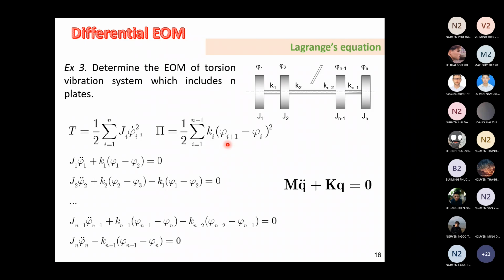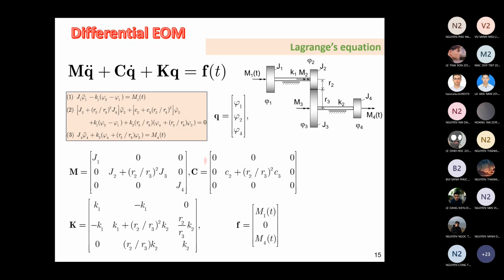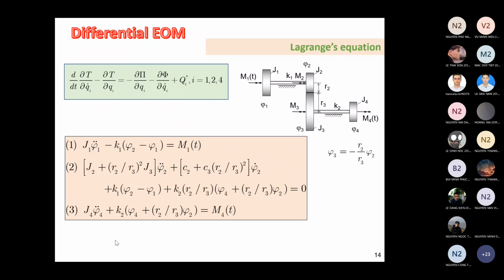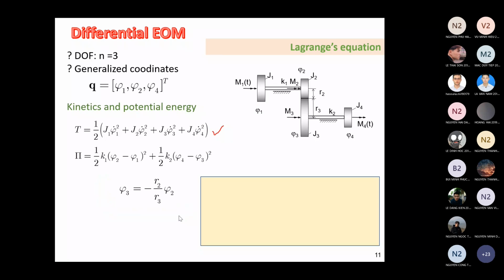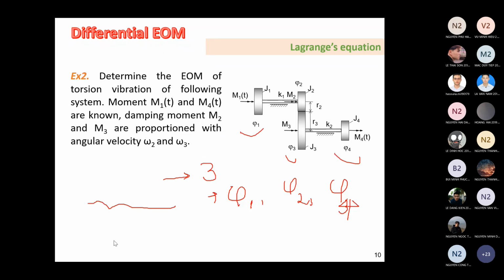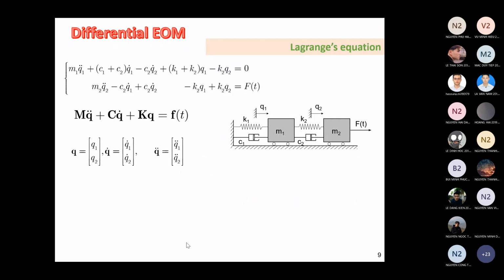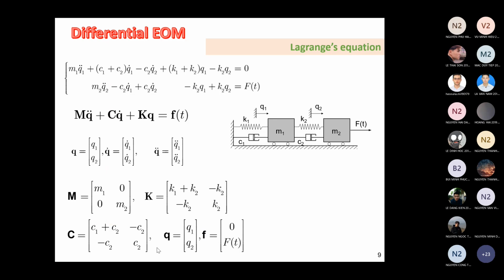Anyone can give me the form of the matrix M? You can see in the previous exercise what is the similar form between this exercise and the first exercise. You can see here there's the M here, and how about the matrix M here?